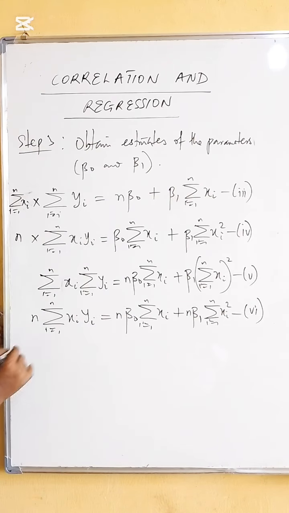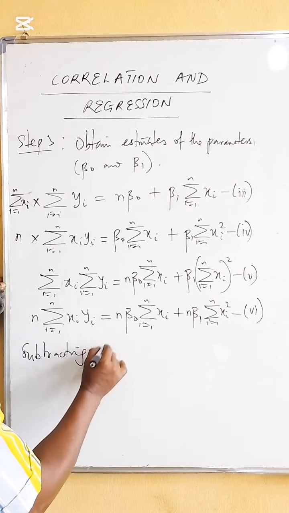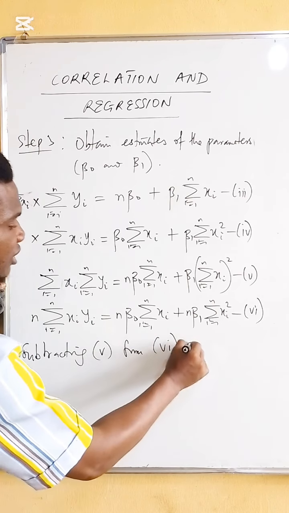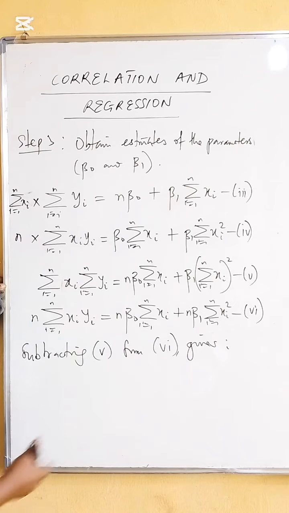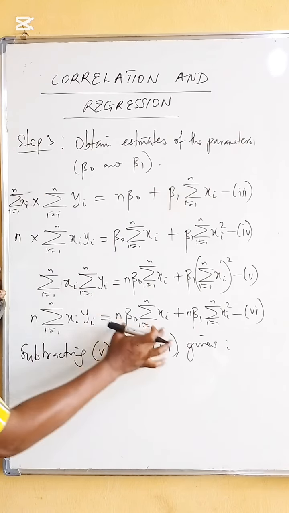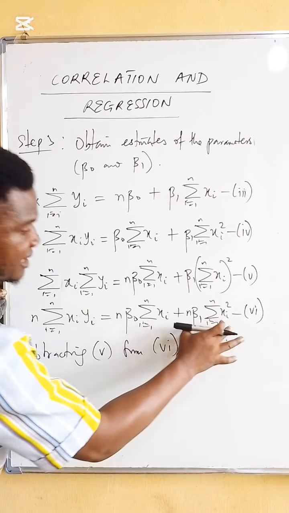Now, subtracting equation 5 from equation 6 means this minus this, which gives you 0, and this minus this.